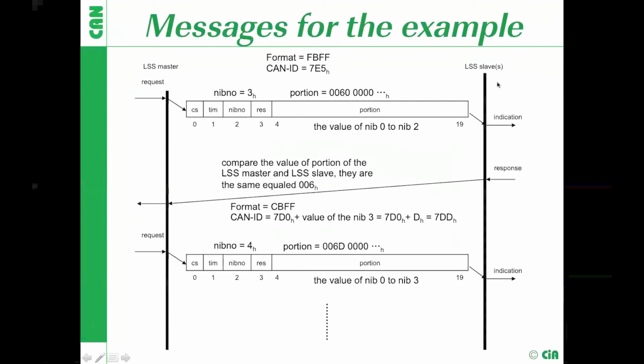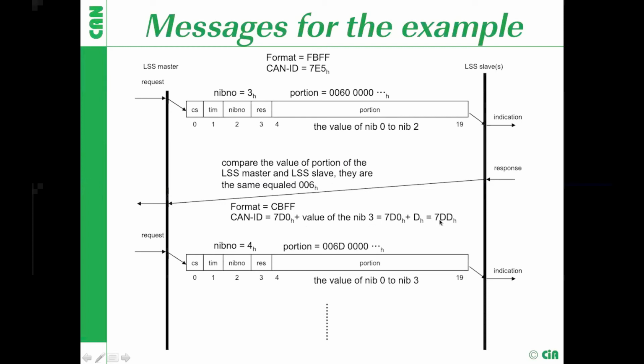Then the slave received the request and compares the value of the portion of the master and itself, and they are the same. So then the slave sends the response with the CAN ID with the value of the neighbor number 3.